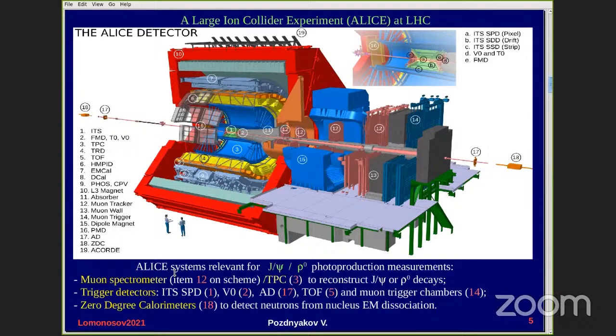So you can see what we use for what aim, to detect, to trigger, and the zero-degree calorimeter to detect neutrons coming from electromagnetic dissociation of nuclei.